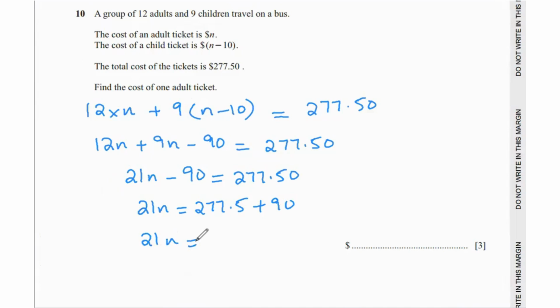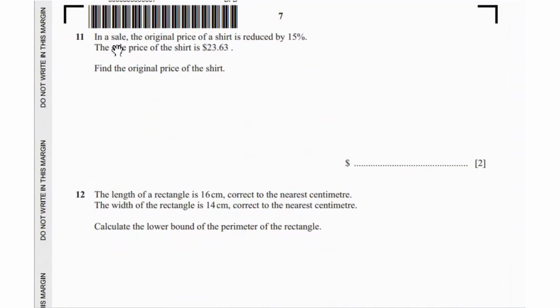That's going to be 367.5. N is going to be 367.5 divided by 21, which is going to give us 17.5 is the value of N. So cost of one adult ticket is going to be $17.5.